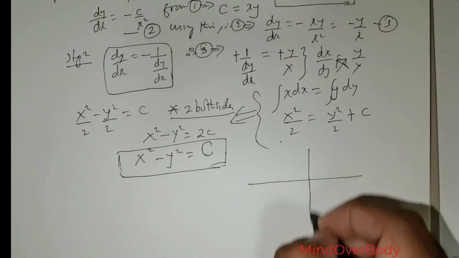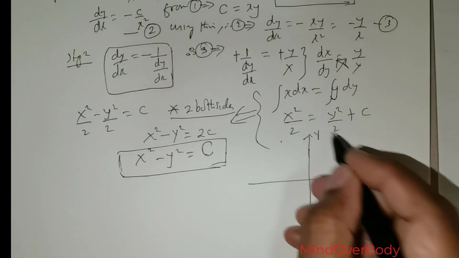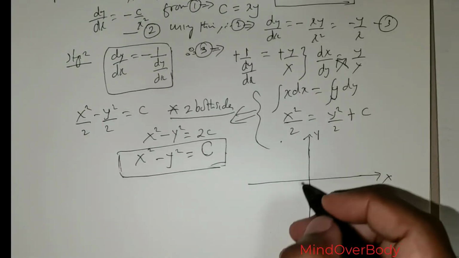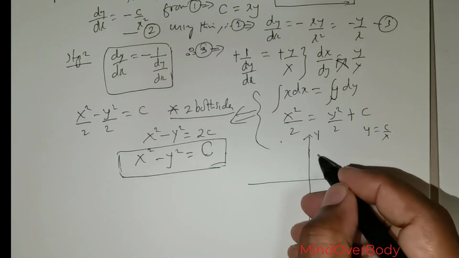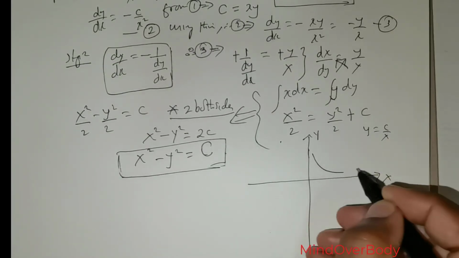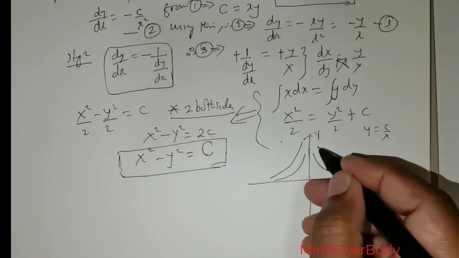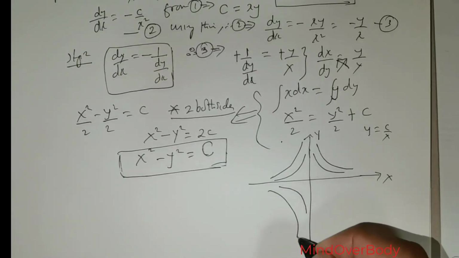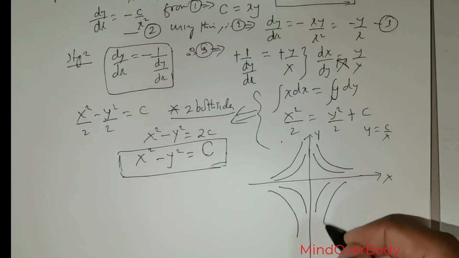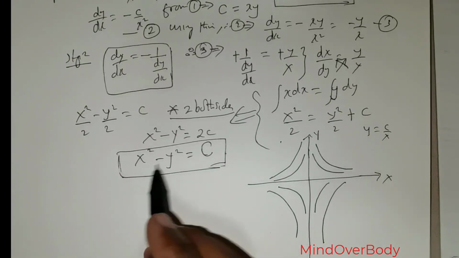So if you were to picturize this, how are you going to picturize this? Say this is the x-axis. Let me draw the x-axis, and this is the y-axis. So we have given y is equal to c over x. So that hyperbola will be of this fashion. Okay, this is how it will be. Now we have x squared minus y squared.